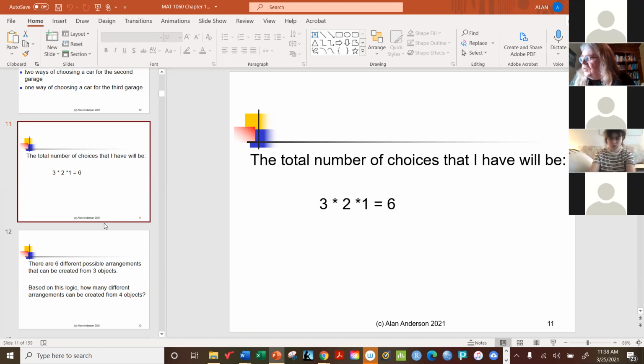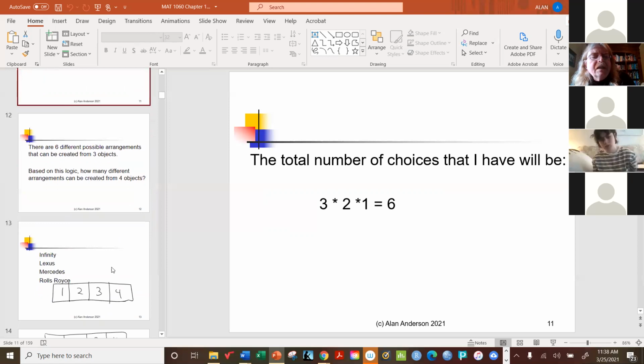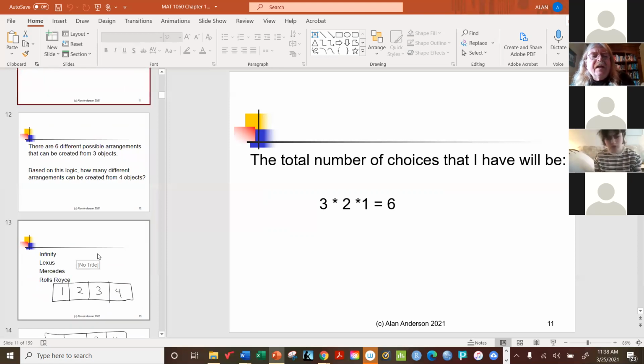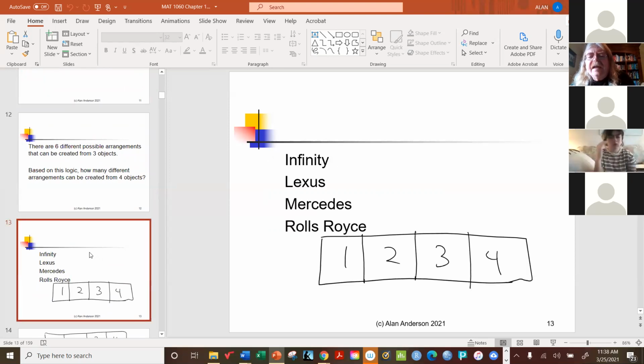So that raises an interesting question. Suppose now I become even wealthier and I move into a bigger house that now has a 4-car garage. And I've got 4 cars. Let's say that I move into that bigger house and I decide to add a Rolls Royce to my collection. How many different ways can I park the cars now?